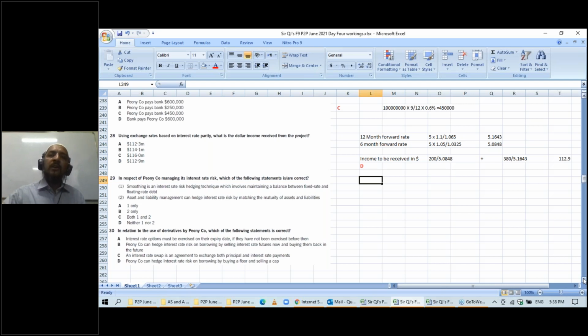But if you have a liability also against it, then you won't be earning profits, right? Because on the liability, if the interest increases, you will be incurring a loss, and the timing of both are the same, so the rates will change with the same magnitude. So this is also a technique to hedge, matching of assets and liabilities. So both are correct. The C is the correct answer.